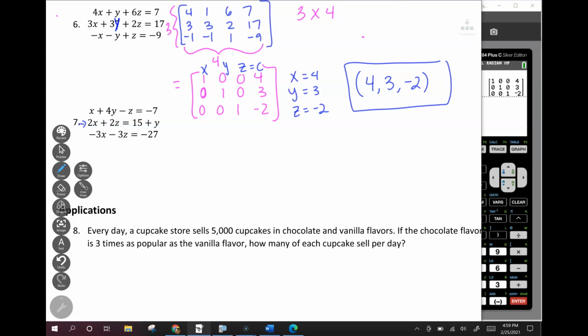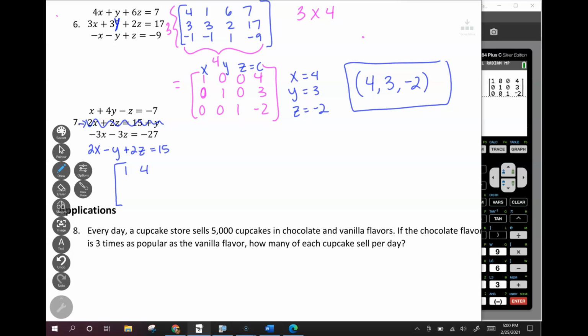Okay, that's not going to work. So I'm going to subtract the y over. Just subtracting that y over gives me 2x minus y plus 2z equals 15. Okay, and I don't need that one anymore. I just adjusted it. Okay, so let's get our augmented matrix from that.